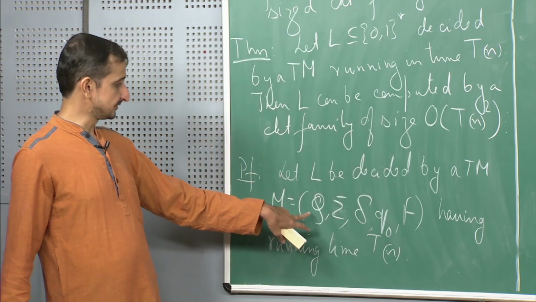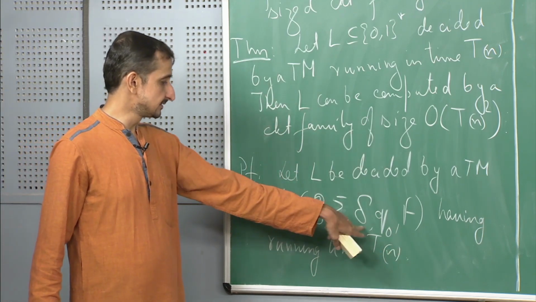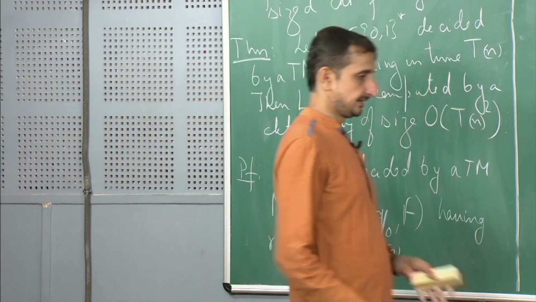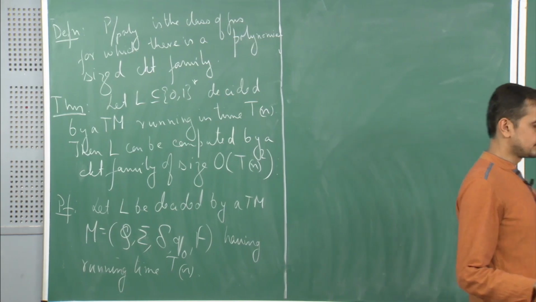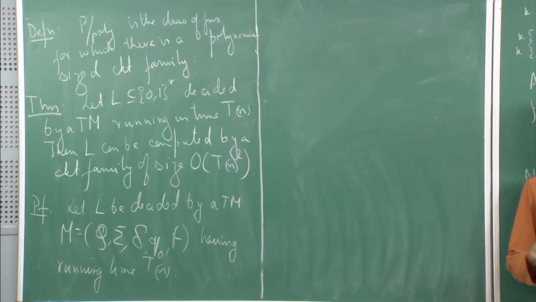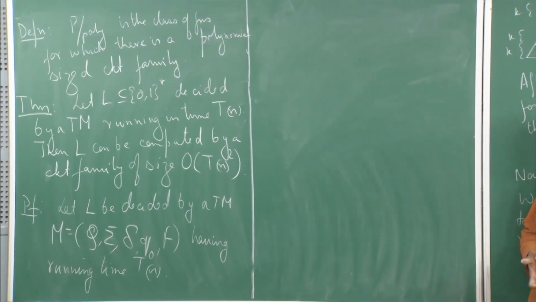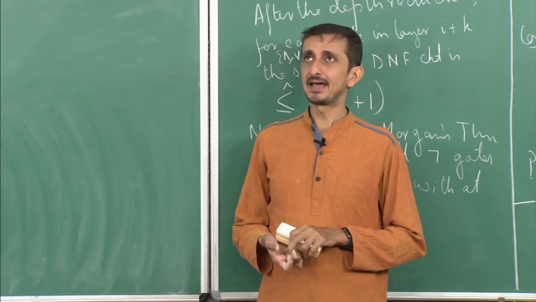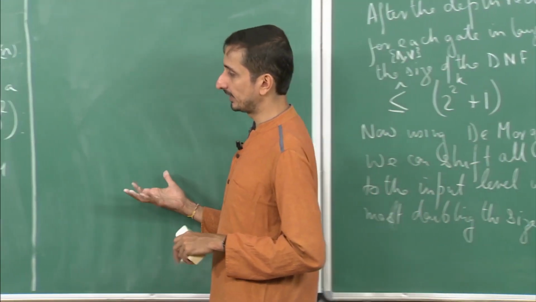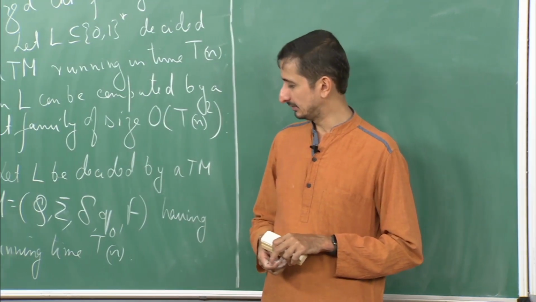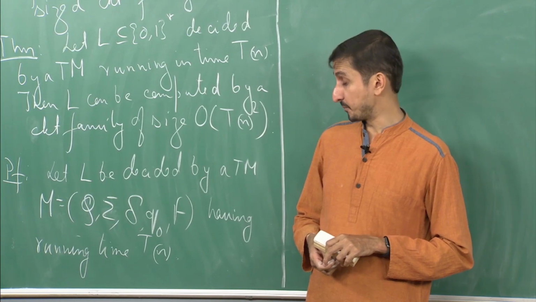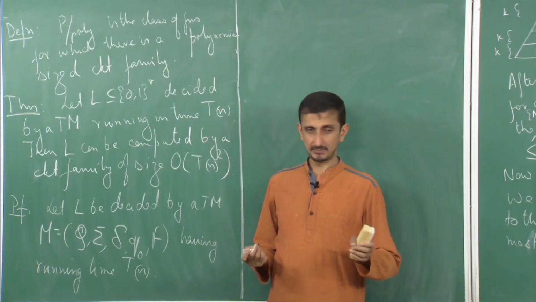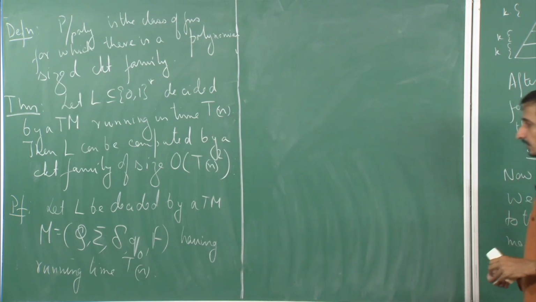So, Q is the set of states, sigma is the alphabet, delta is the transition function, q0 is the start state and F is the set of accept states. We will assume, without loss of generality, that the Turing machine has a single tape. Initially we only have the input x written on the tape, everything else is blank.